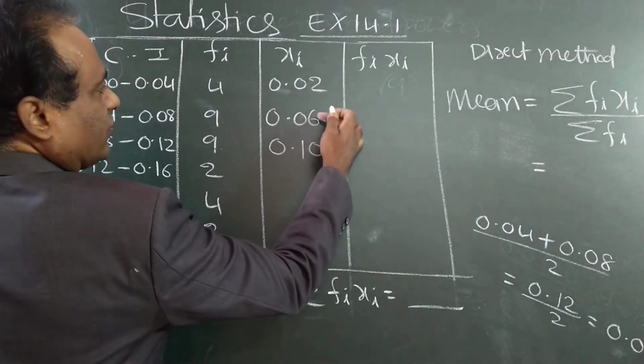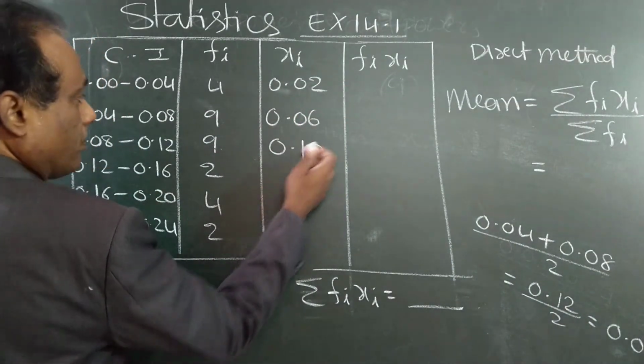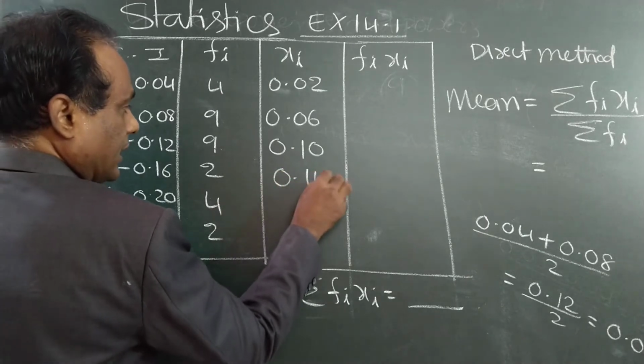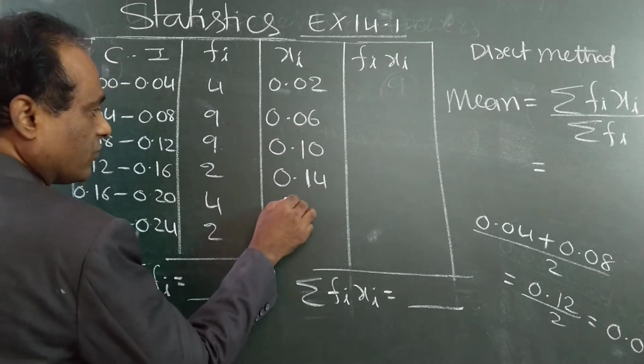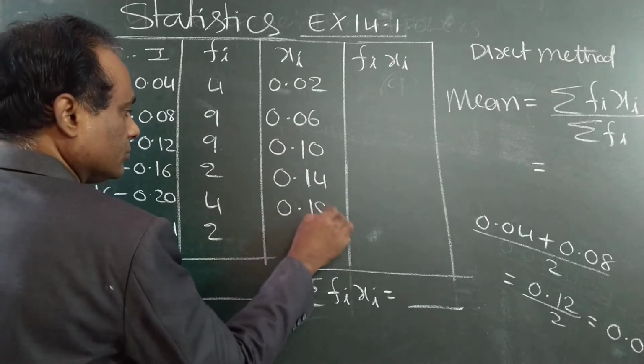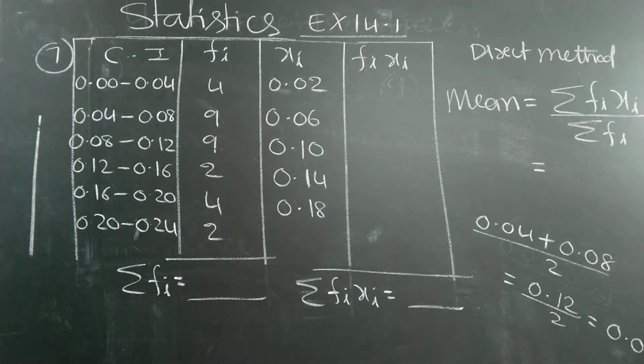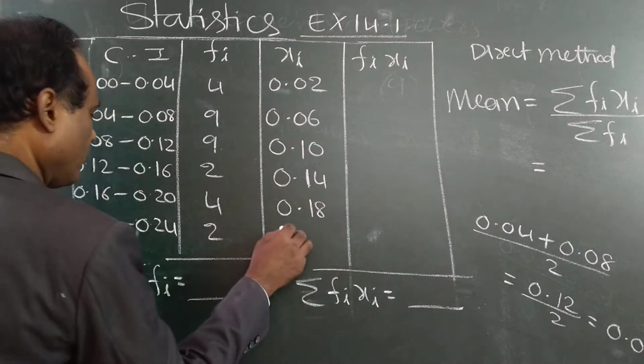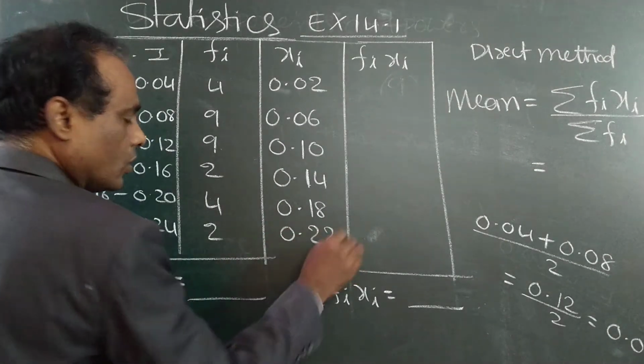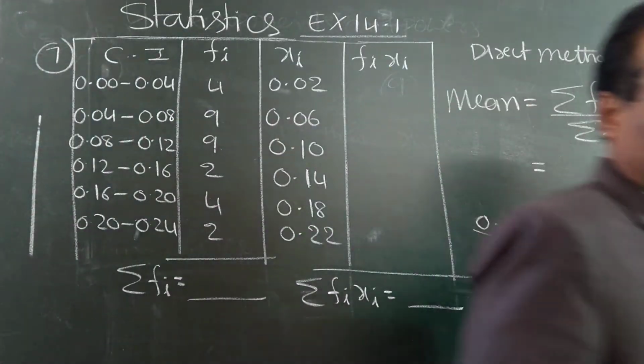2 plus 4 is 6. 6 plus 4 is 10. 10 plus 4 is 14. 14 plus 4 is 18. 18 plus 4 is 22. Any doubt, are you following or not? You tell me.